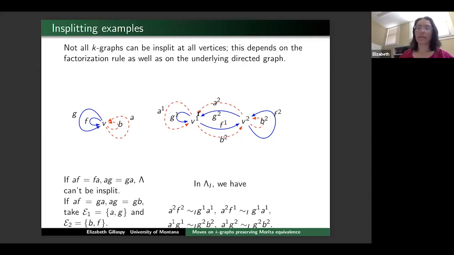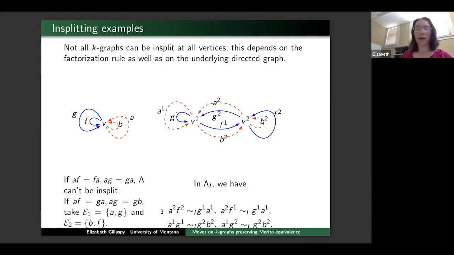That has to be equivalent to an A followed by G that goes from V2 to V1. The only A edge that starts at V2 is A2, and then the only G edge I can do is G1. So A2 F2 is now equivalent to G1 A1.